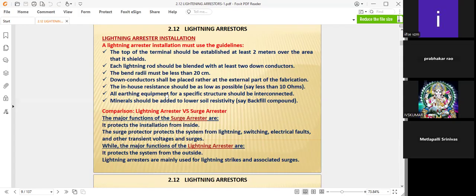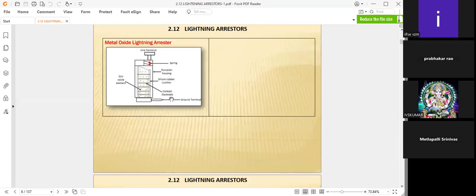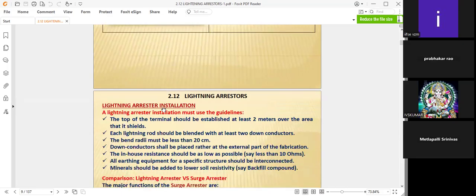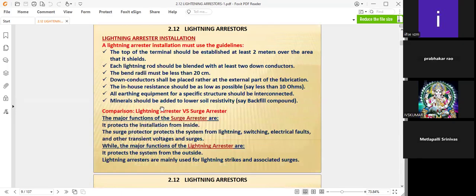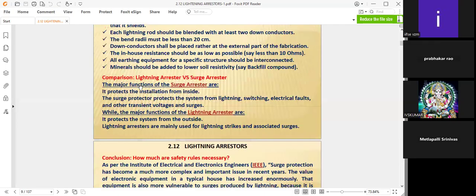All earthing equipment for a specific structure should be interconnected. All the connections should be properly made, and testing is also to be taken care of to see whether it is functioning or not. On the comparison, people think that a surge arrester is enough. Surge arresters, as already known, handle sudden impulses within the circuit, sudden voltage or current fluctuations.